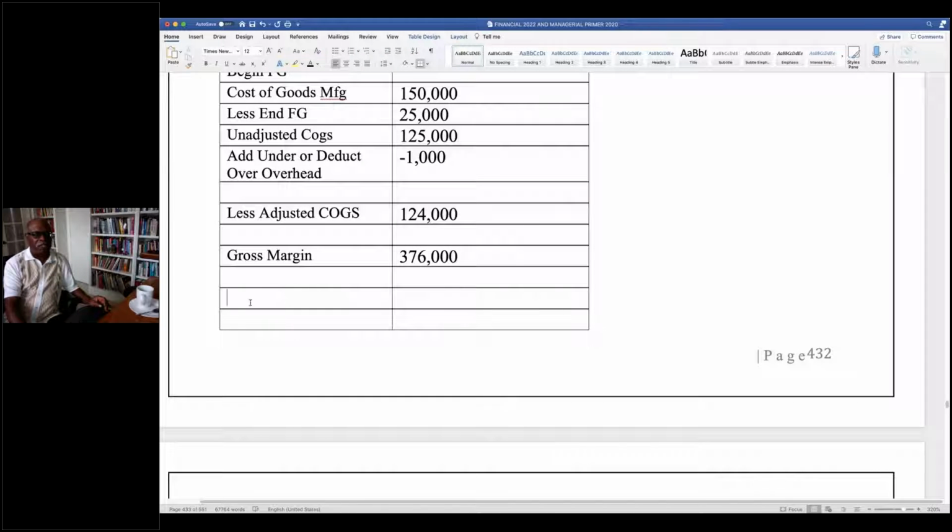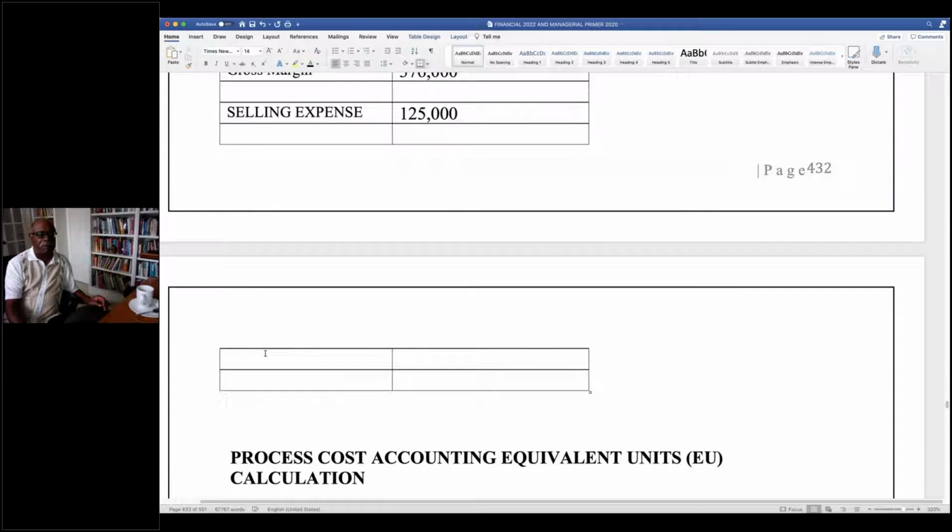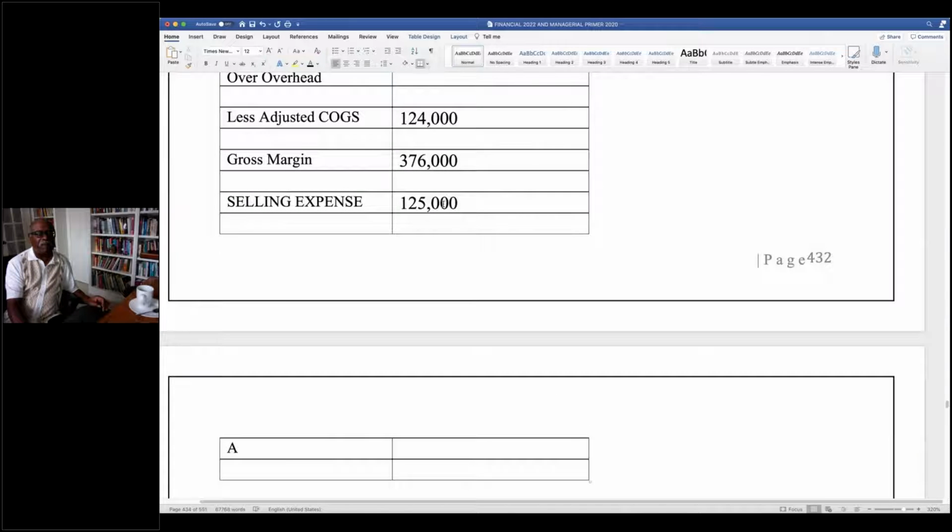Okay, so then we're going to subtract what? Selling expenses? Y'all did good. Yeah, the expense is equal to 125,000. So that one is 50. The admin, that one's 50, and the other one, admin, is 75.